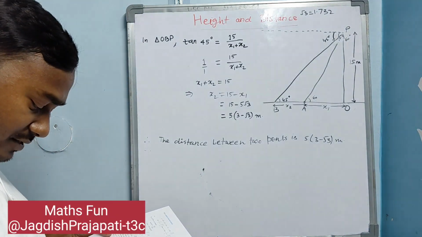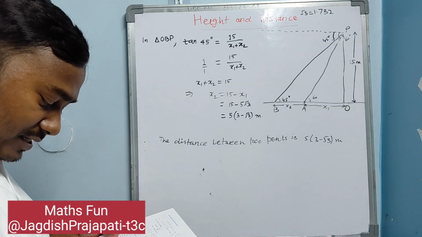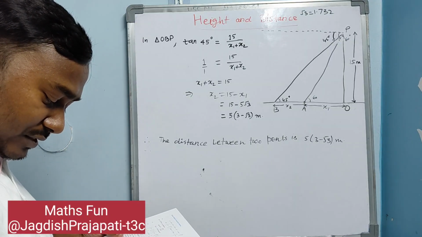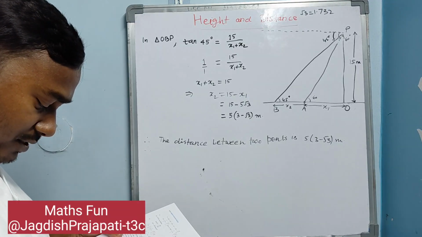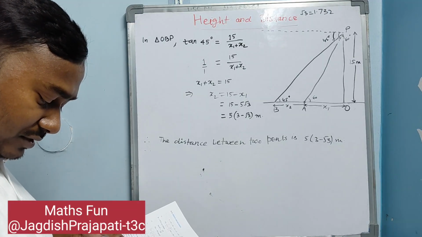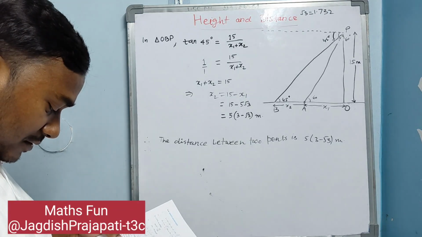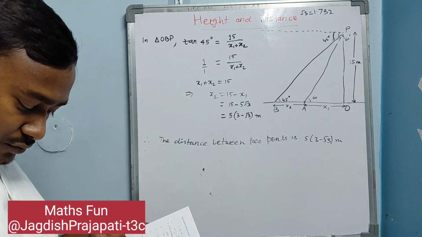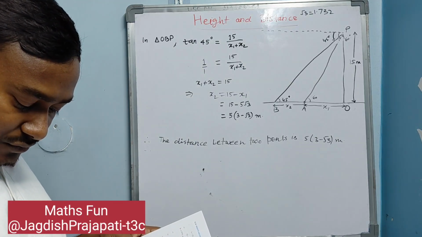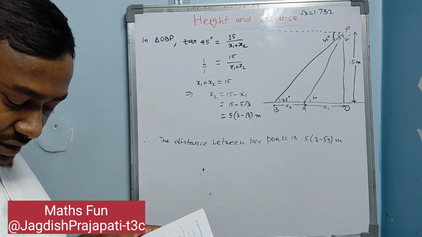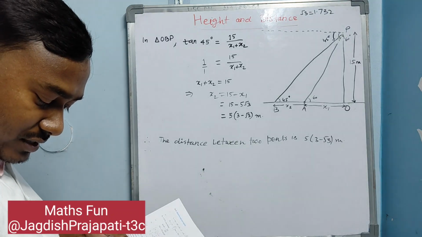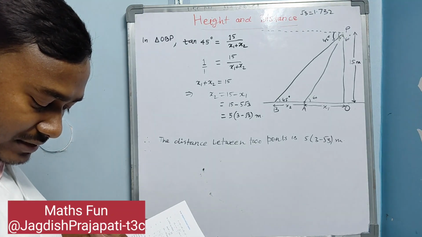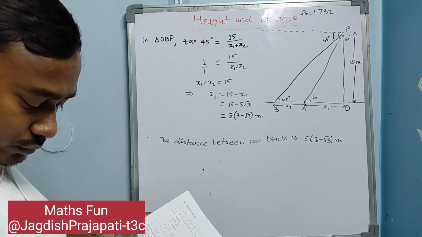The angle of elevation of a tower from a point on the same level as the foot of the tower is 30 degree. On advancing 150 meters towards the foot of the tower, the angle of elevation of the tower becomes 60 degree. So that the height of the tower is 129.9 meters. Use under root 3 equal to 1.732.